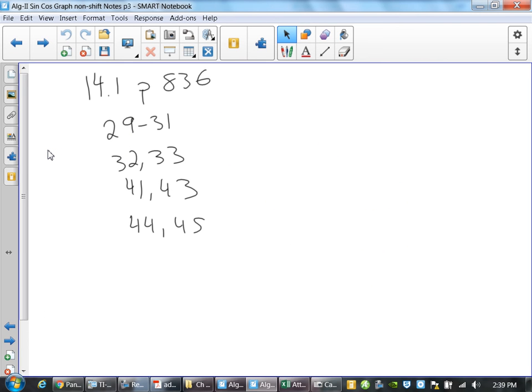The first 3 are identify the amplitude and period. The next 4 are graphs. The last 2 are write the equation given the amplitude and the period. Easy, that's easy. So think about it. If you're given the period, what do you have to solve for? B. If you're given the amplitude, you'll know what to go.